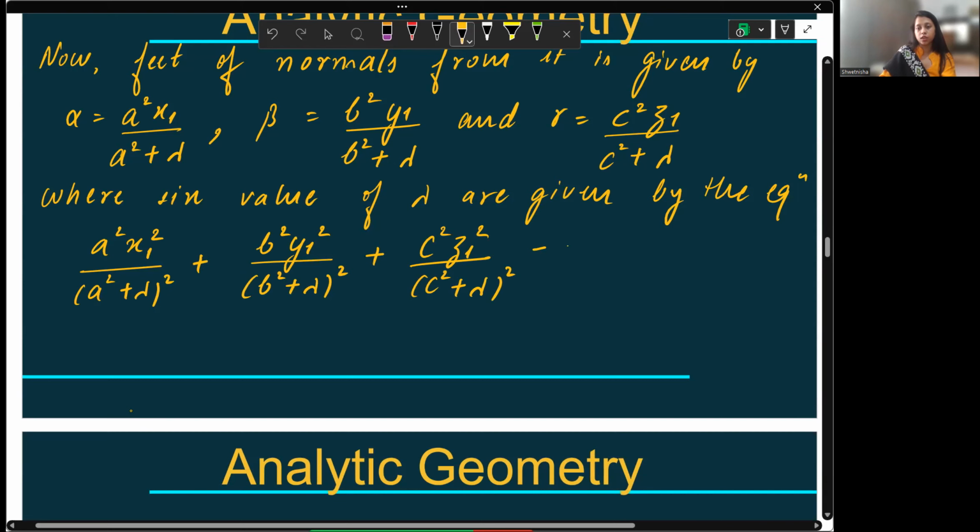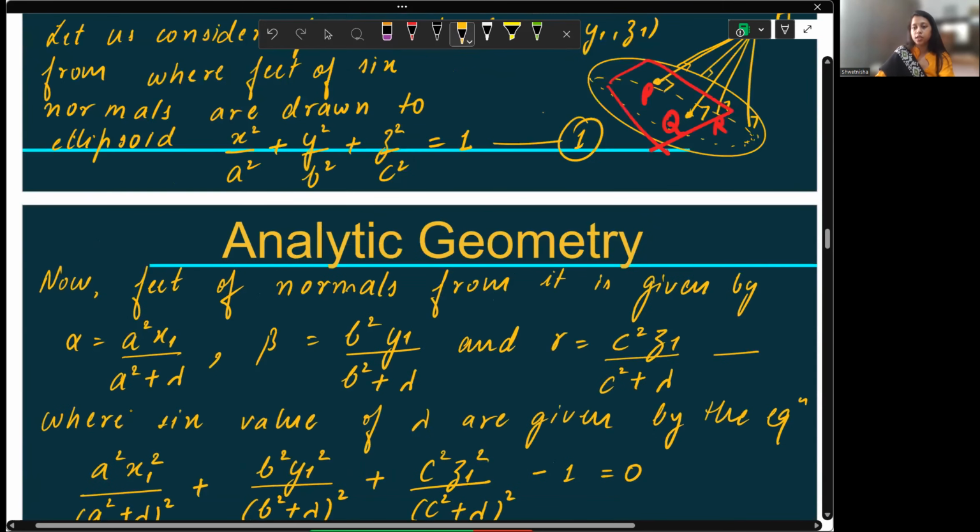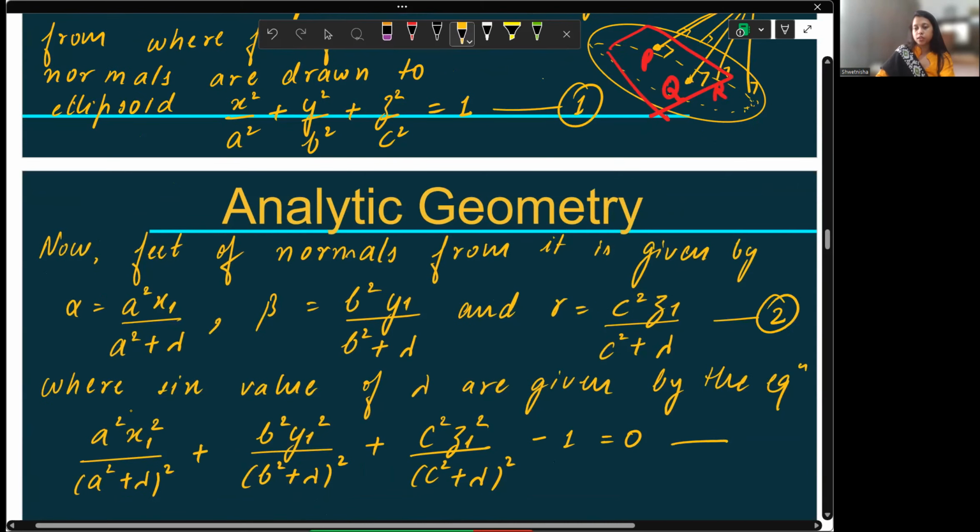So I am going to take that 1 to the left side, and that's the case. So this is your second equation, and this is your third.